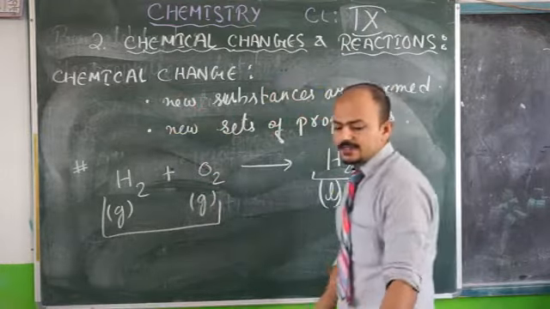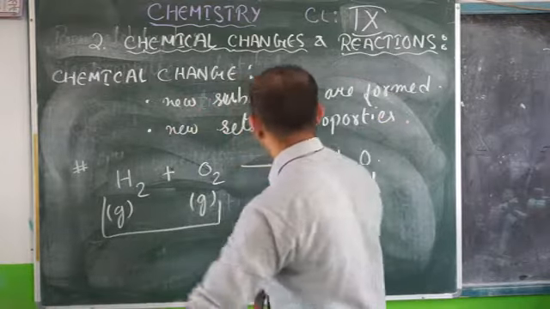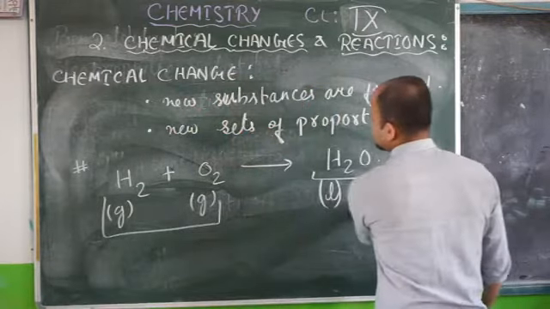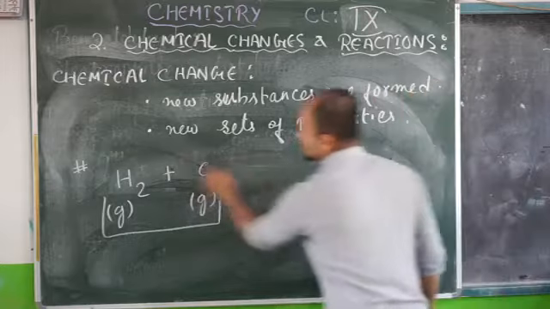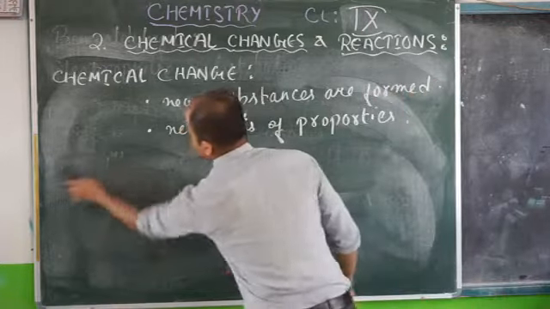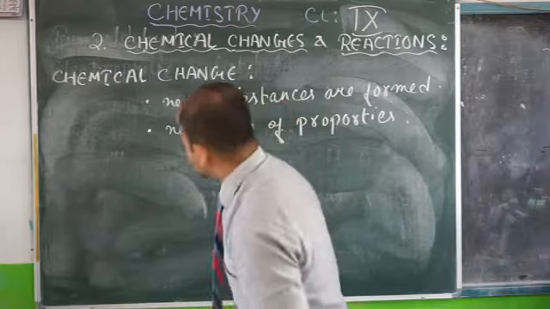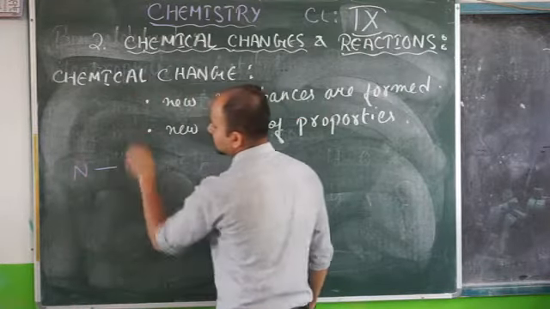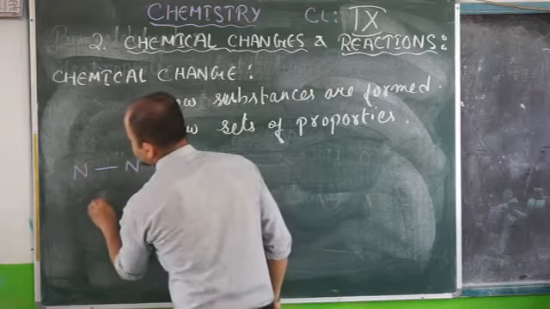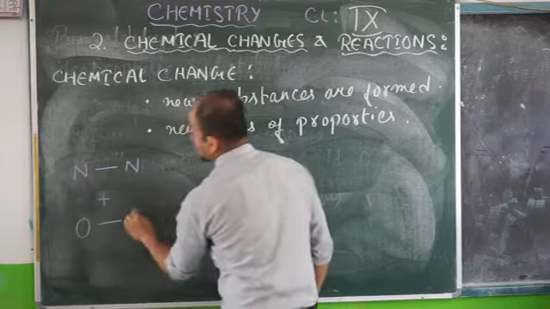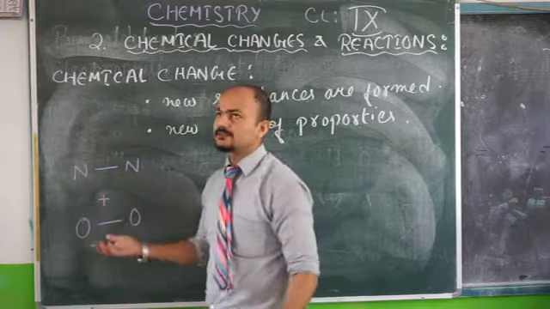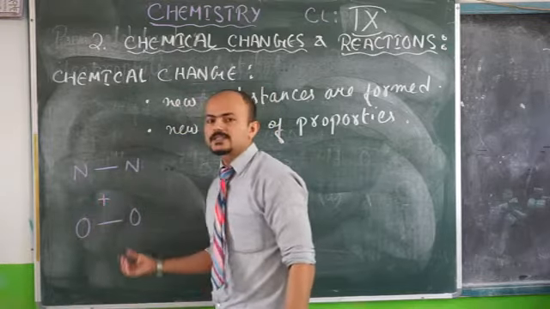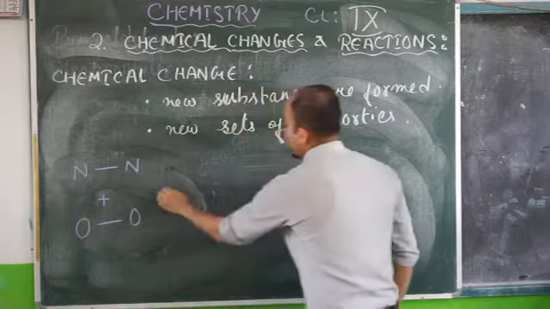Similarly, let's take another example. Let's take nitrogen plus oxygen. This is N2, nitrogen gas, which is found in atmosphere, and this is oxygen gas, which is also found in atmosphere.